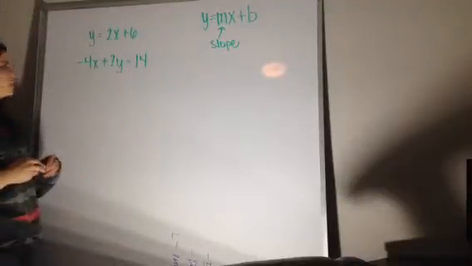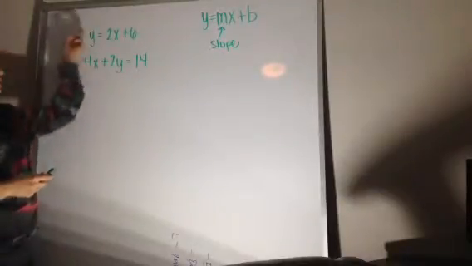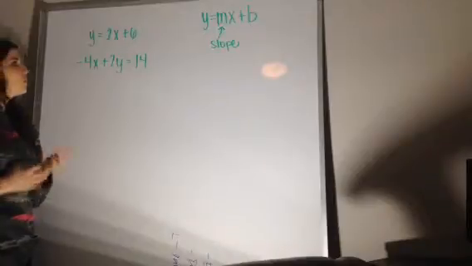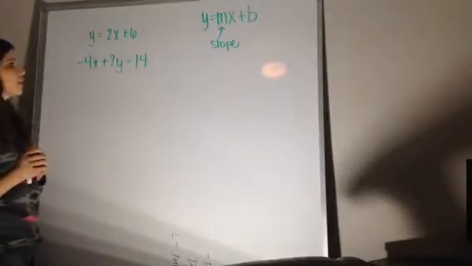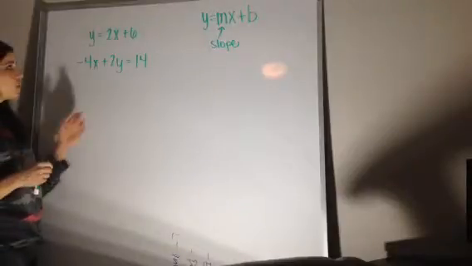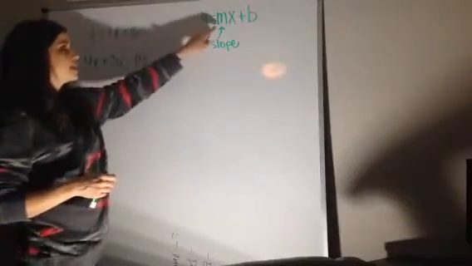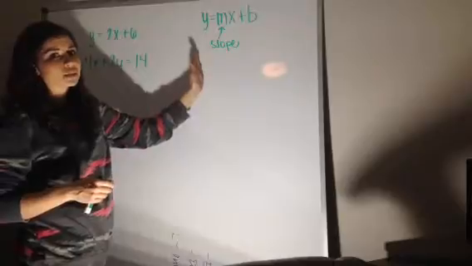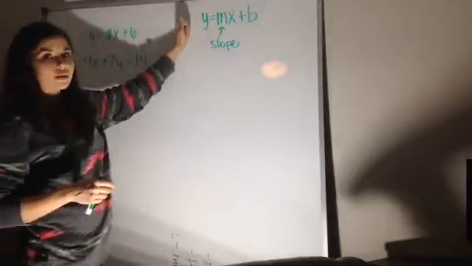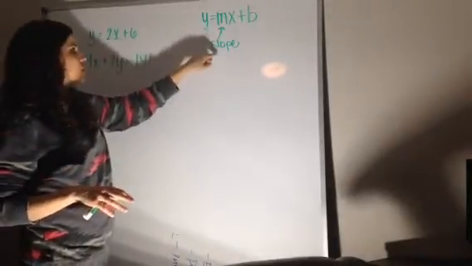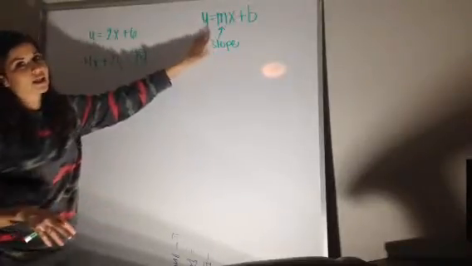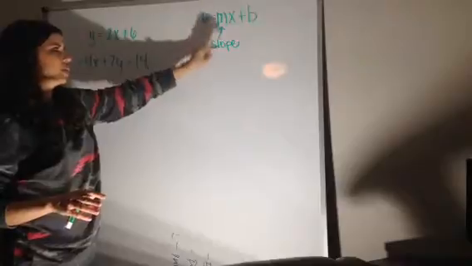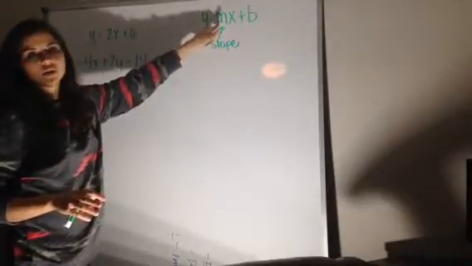If I have this, what if I told you that these two lines are parallel? Well, you can't just look at this immediately and say, yeah, those lines are parallel. You would have to have them both in slope-intercept form because that is the only way that we can determine the slope, if y is alone. If y is alone, then we can see that what's next to x is our slope.